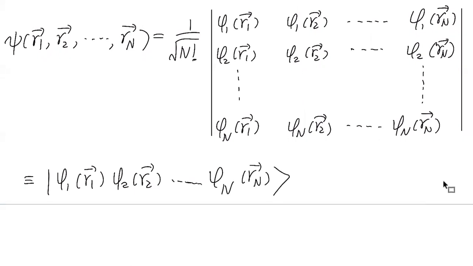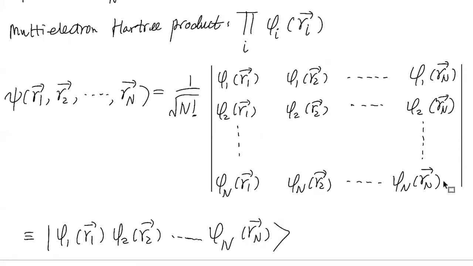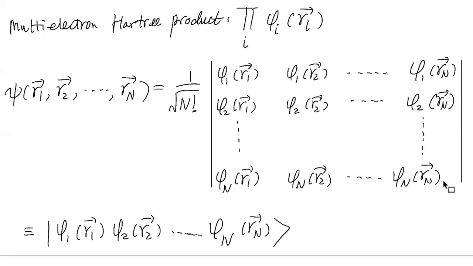This is the configuration. And this is actually the naive Hartree product we write down, right? You put R1 in the first orbital, R2 in the second orbital, Rn in the nth orbital, all right? This is the naive single product.